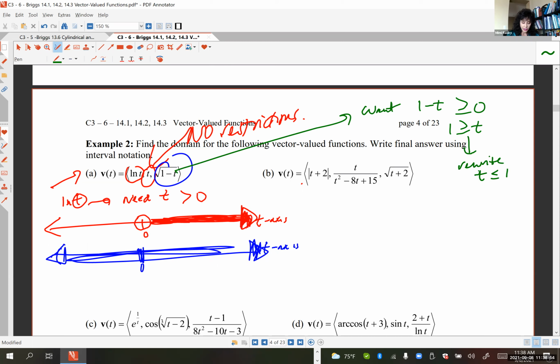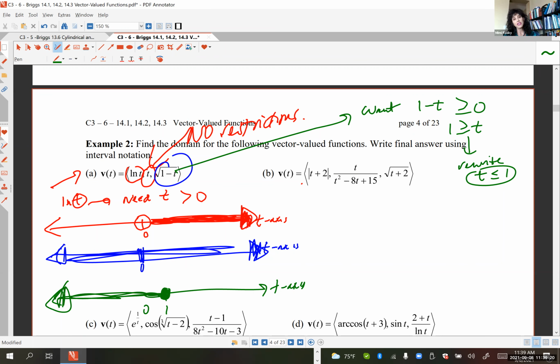This is t less than or equal to 1, which means the same thing. So if I draw another t-axis here and I shade in all the values of t less than or equal to 1, I have a bubble here, but I color it in because 1 is included in the set. And then less than means shade in all the numbers to the left, including the arrow because it goes on forever and ever.